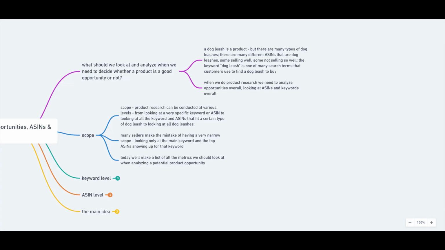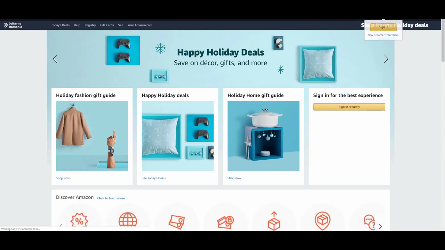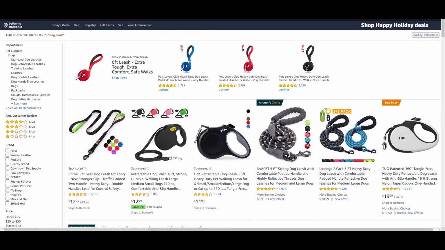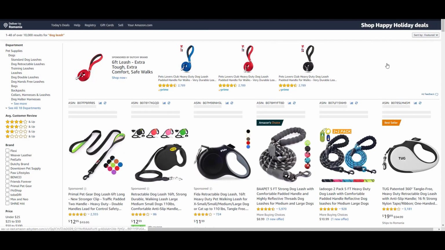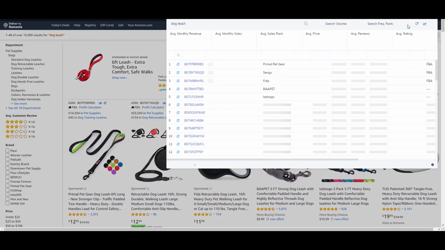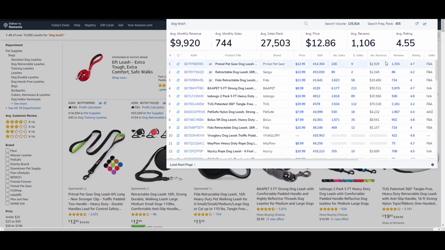It's very common to see an Amazon seller going on Amazon, searching for dog leash and opening up Jungle Scout or Viral Launch or Zoof. Here I have Zoof installed, so I'm going to open up the opportunity analyzer, and I've just searched for dog leash and I'm looking at the results here.